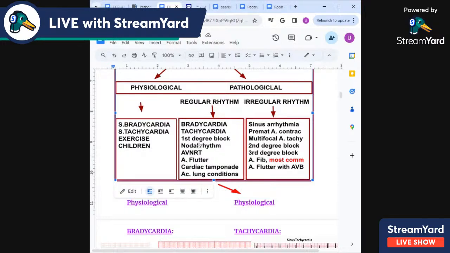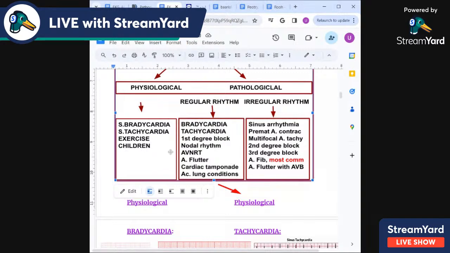Nodal or junctional rhythm, AVNRT, atrioventricular nodal reentrant tachycardia, and atrial flutter, cardiac tamponade and acute lung conditions cause regular narrow complex QRS complexes. Whereas the other causes of narrow QRS with irregular rhythm we discussed are sinus arrhythmia, premature atrial contraction, multifocal atrial tachycardia, second and third degree block, atrial flutter, atrial fibrillation, and atrial flutter with aberrancy.